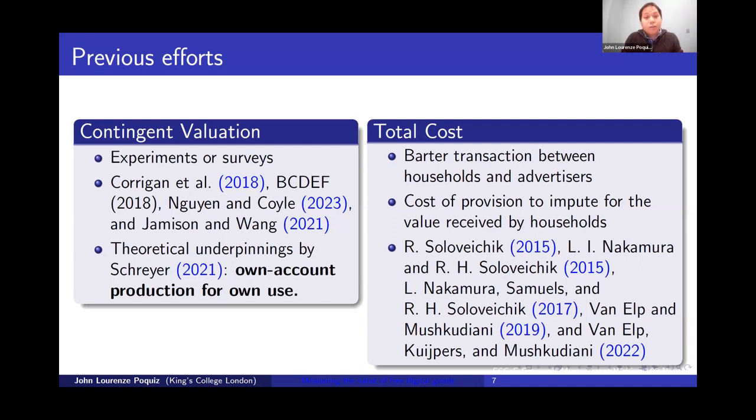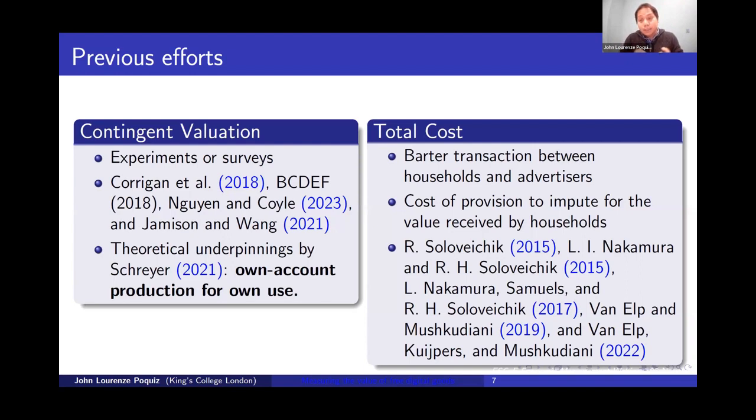And the theoretical underpinnings for these efforts are outlined by Schreier in 2021. The paper thinks that what they're accounting for is actually own account production for own use by the household. The other set of studies, I like to call the total cost approach, or the barter approach.